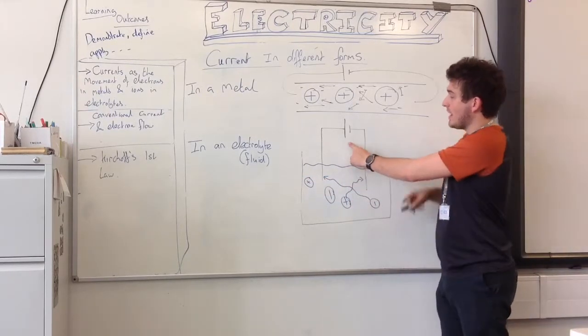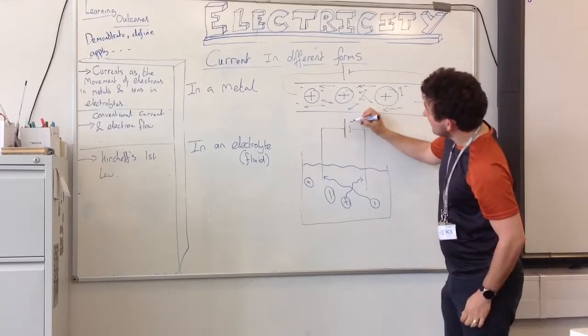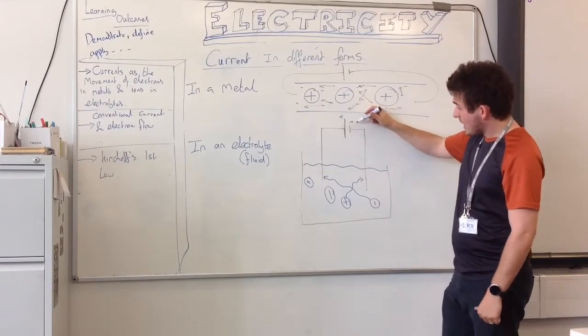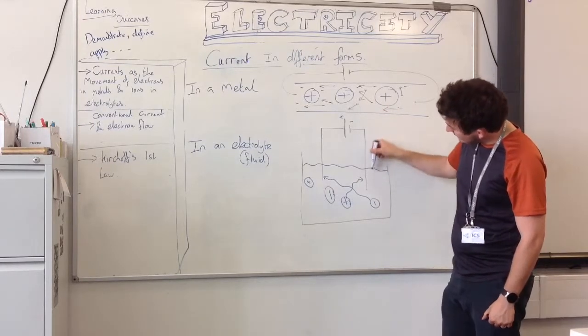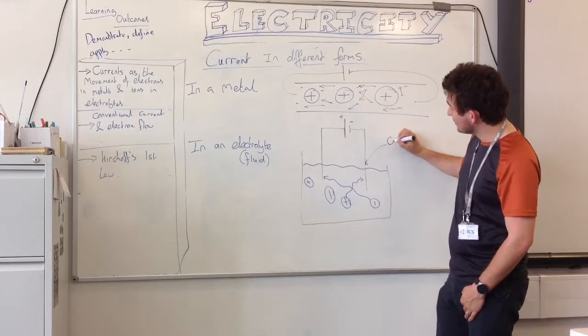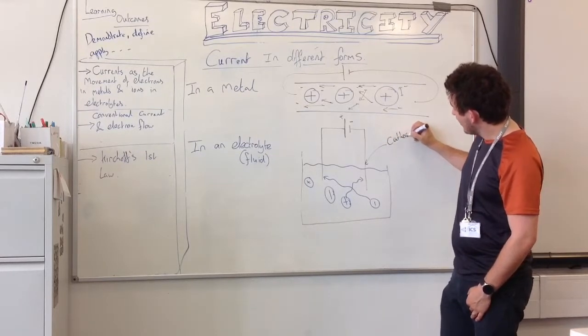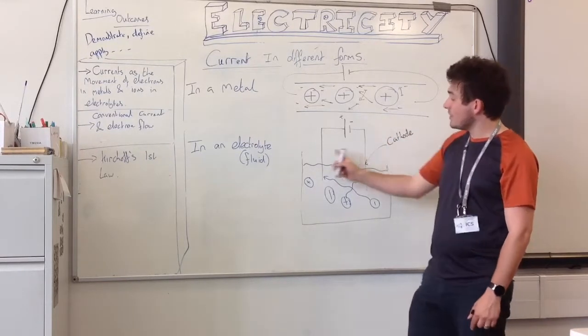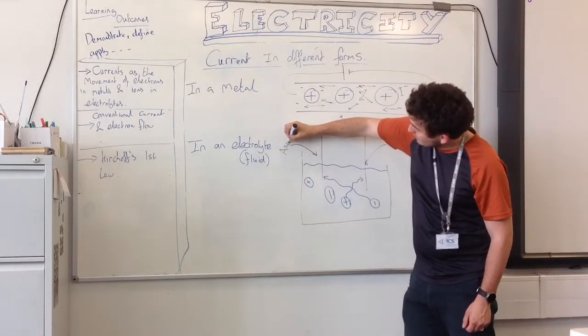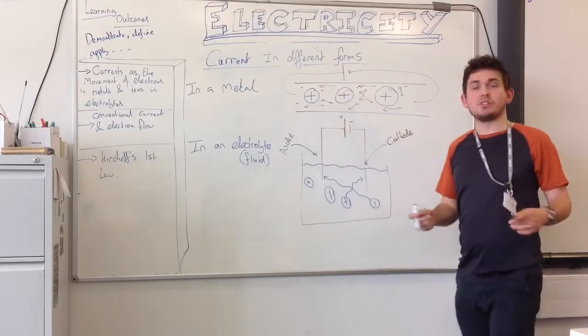Now, we have a negative side and a positive side to a battery or a cell, and if we poke our negative side into some water, we call that a cathode. And our cathode has an alternate side, and that is called the anode. I'm sure you're familiar with this from chemistry at GCSE.